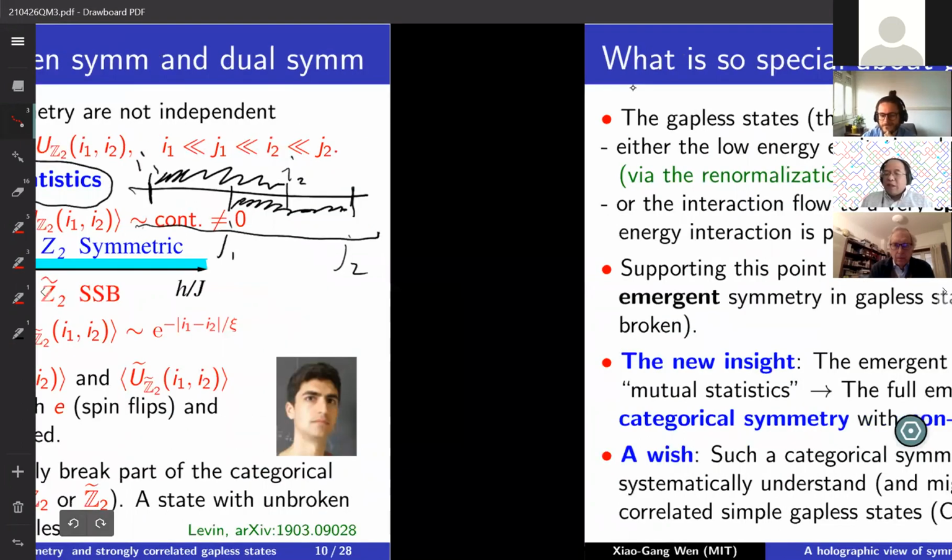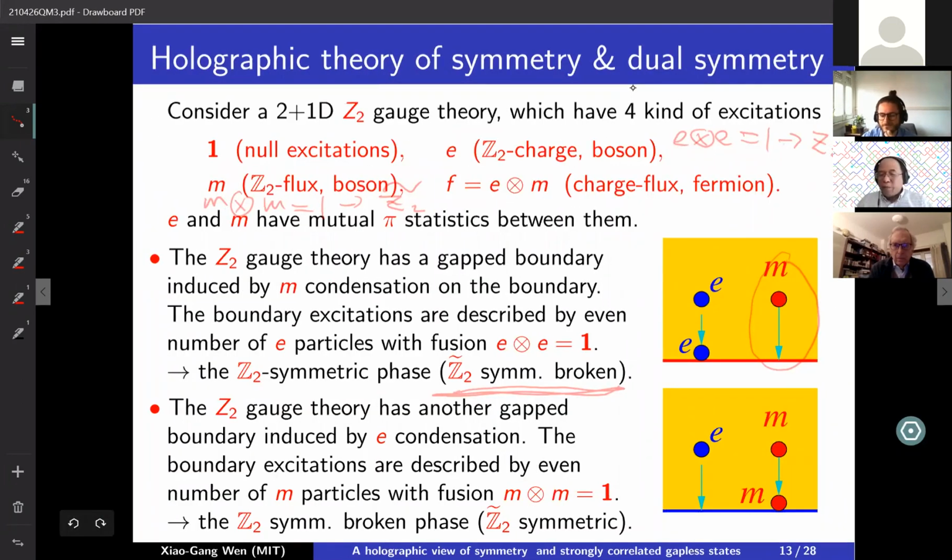Because from the category point of view, the gapped boundary must condense something. There's a condensable algebra in the bulk, and condensing something gives you a gapped boundary. So the gapped phase on the boundary must break some symmetry because it must condense something. However, if you do not condense anything, the boundary must be gapless.